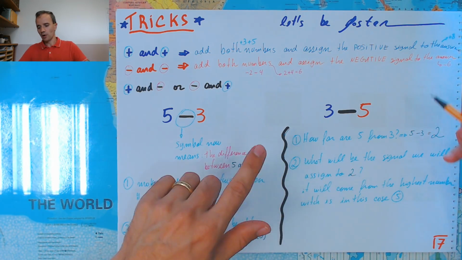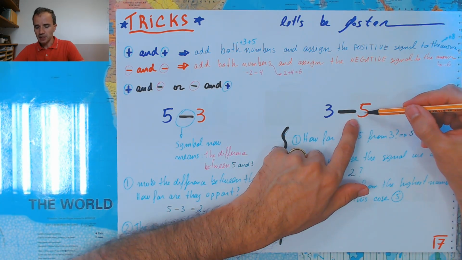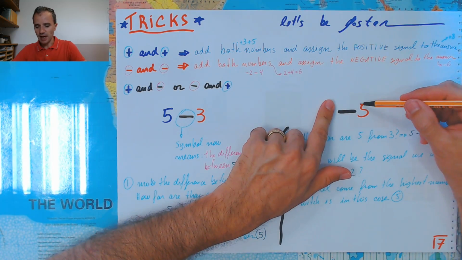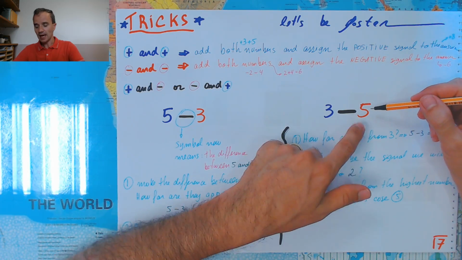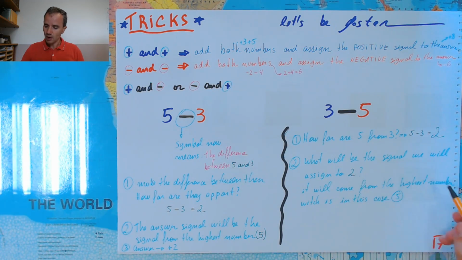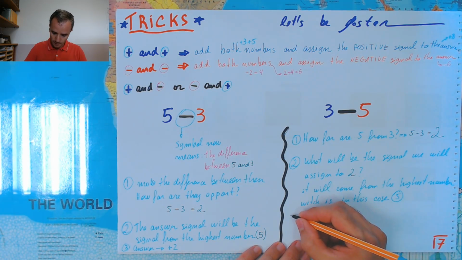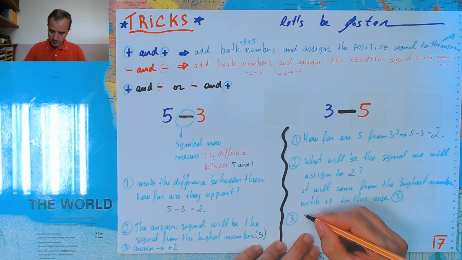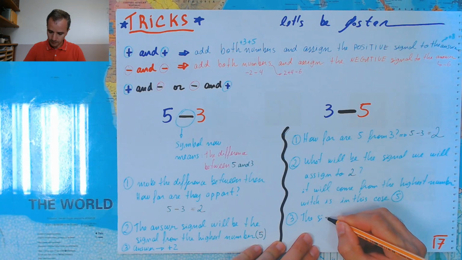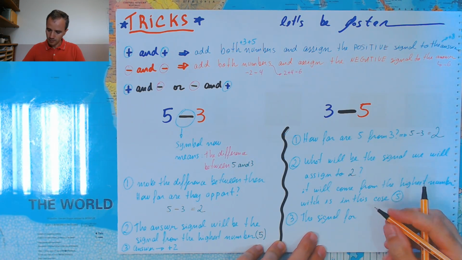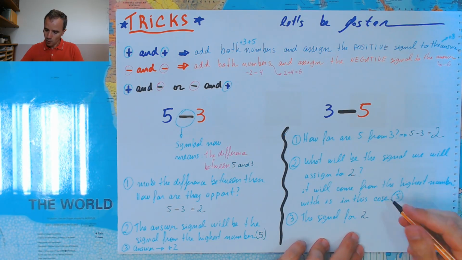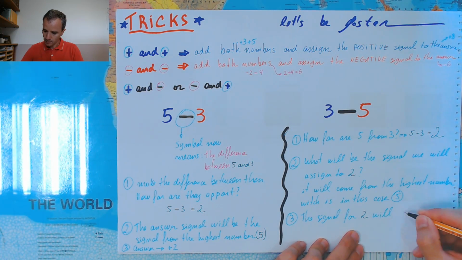So therefore the 5 is the biggest number, and because 5 carries this negative signal, now the negative is going to prevail over the positive, meaning the signal for the 2 will be negative.